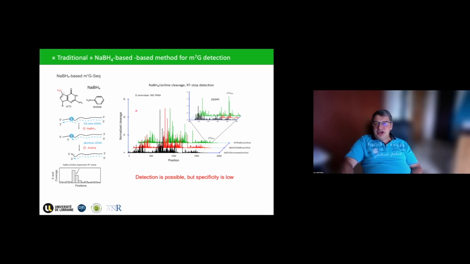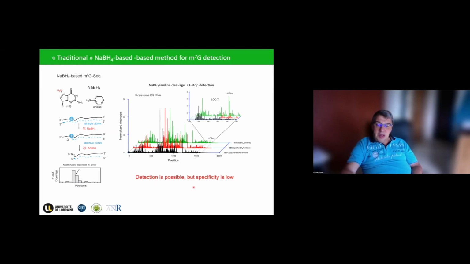But you can appreciate that there are a lot of false positive hits everywhere, and variation in those hits will really affect precision and specificity. So detection is possible, but specificity is relatively low.